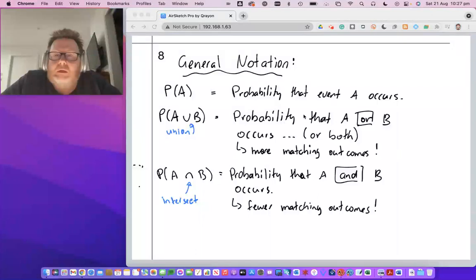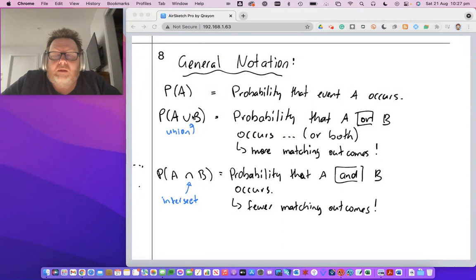If I'm just trying to think off the top of my head, rolling a die, say A is the event that I roll an even number and B is the event that I roll a prime number, then A or B would include 2, because 2 is prime. It's even and it's prime, but it still fits within one of these. It happens to fit in both, but nevertheless it fits at least one.